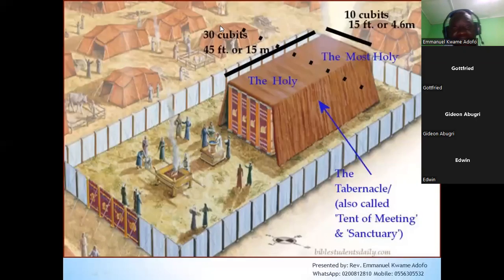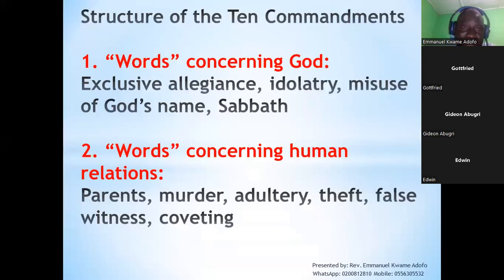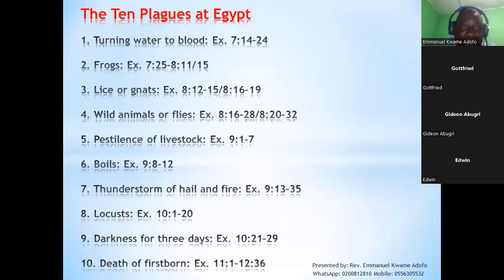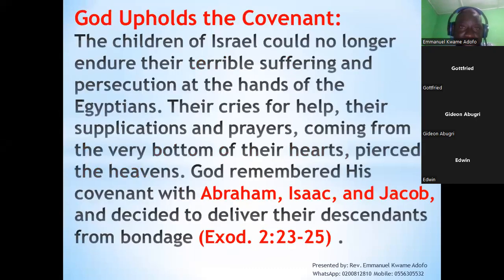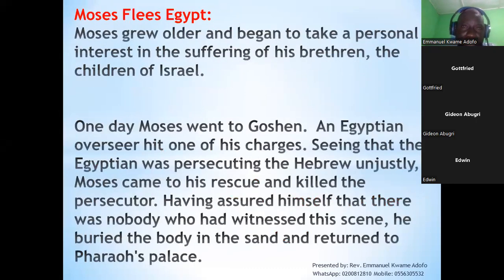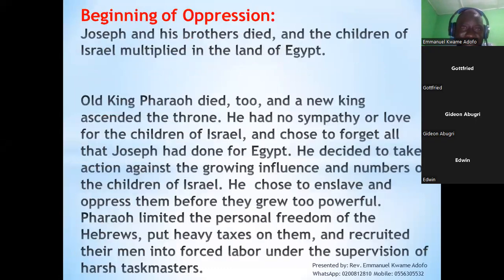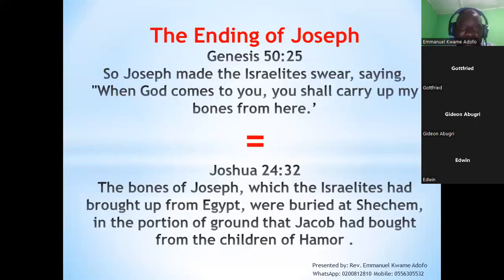You can see that we have done the 30 cubits into feet and into meters. And if you look at Noah's Ark, for instance, the same thing was done to Noah's Ark too. We did a conversion of Noah's Ark.